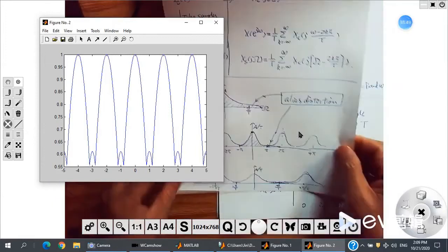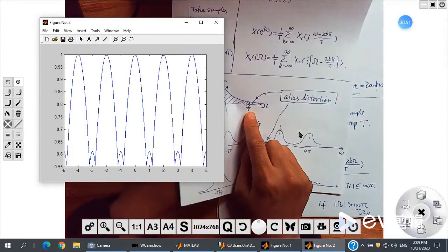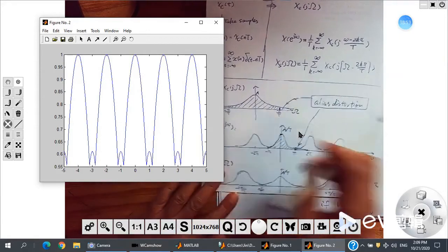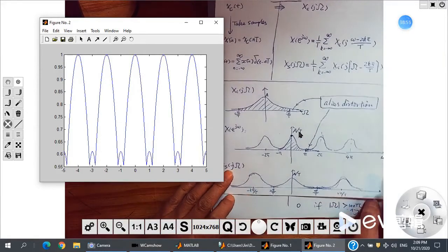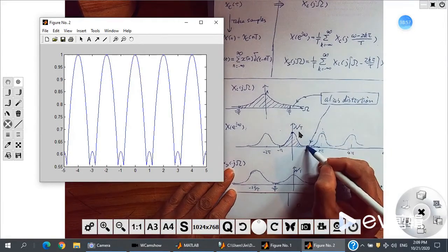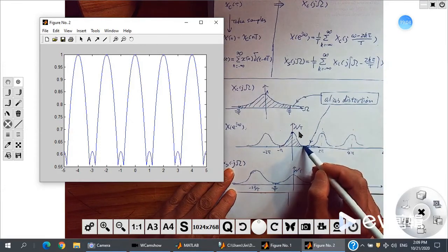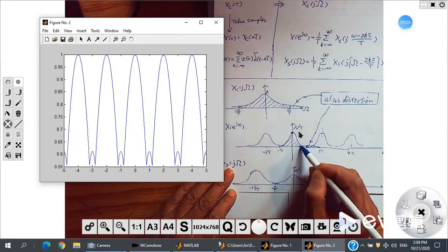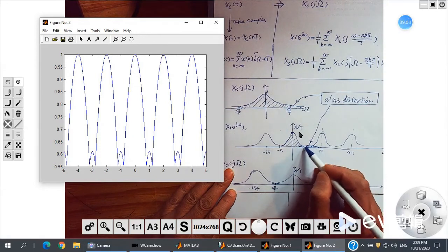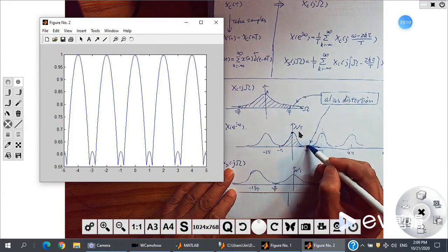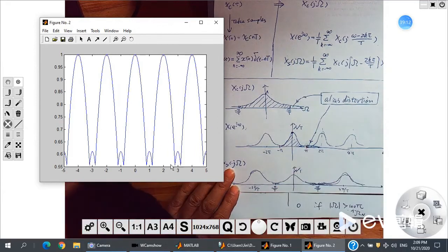Same as here. When we use a t larger than the Nyquist sample step, then we will have this aliasing, this part, and this side also has it. When you sum these two parts, it causes something here. That is just the case here.